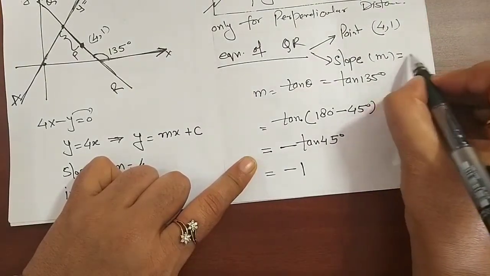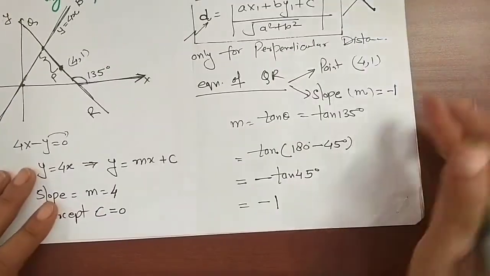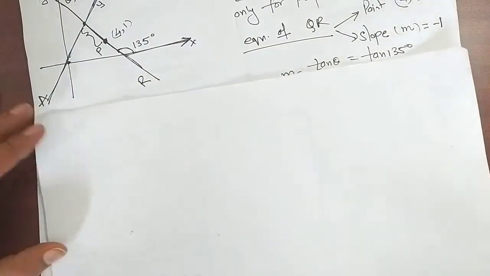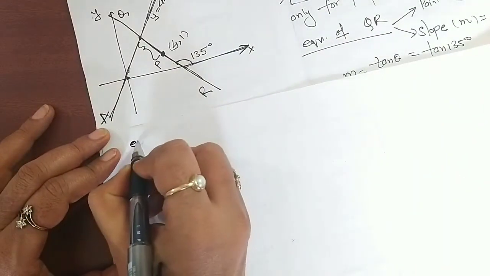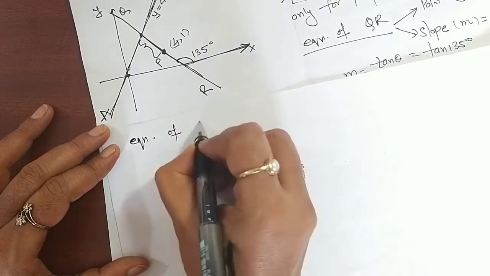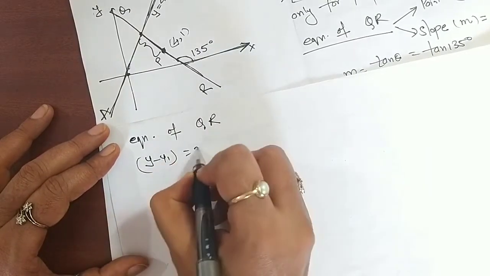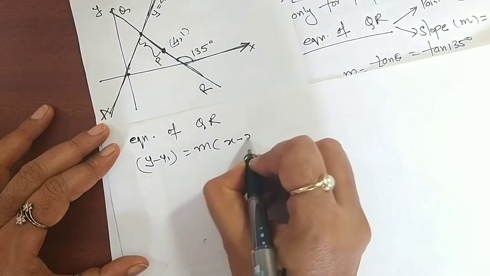So my slope is also known now. I know the point, I know the slope, so I can get the equation of QR. At least one job is done. So let me write down the equation of QR: y minus y1 equals m into (x minus x1).